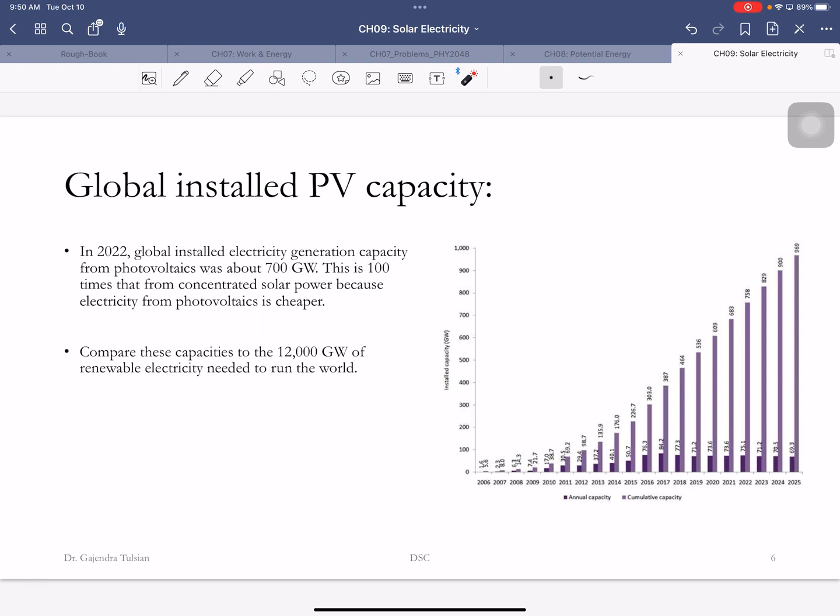Okay, so here's the photovoltaic capacity. This is solar cells. In the world today, about, again, this is 2025, we're roughly there. 900 Hoover dams worth of photovoltaics have been installed in the world. Okay. That's about a little less than 10%.